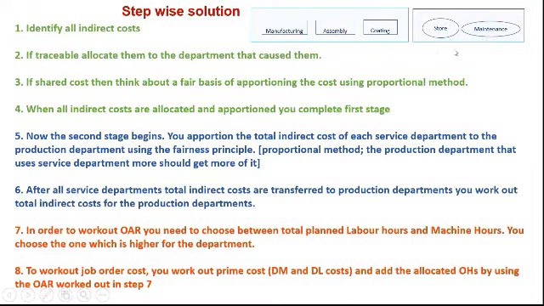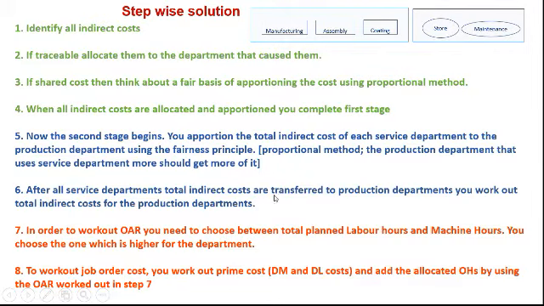So you have now transferred these costs here, and you just total the costs for manufacturing, total the costs for assembly, and total the cost for coating. So you will have total overheads allocated to the departments.